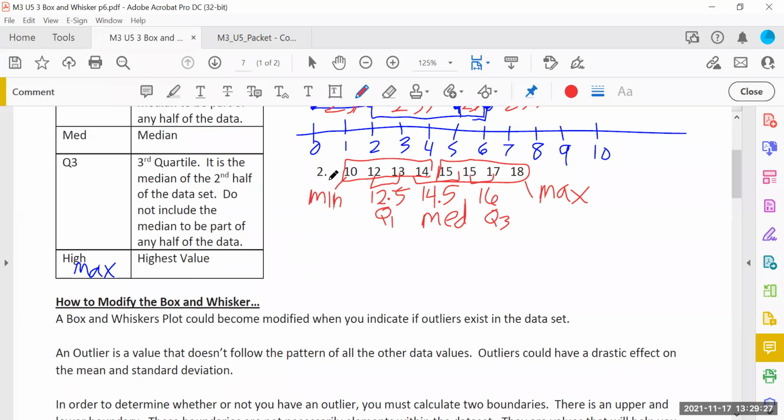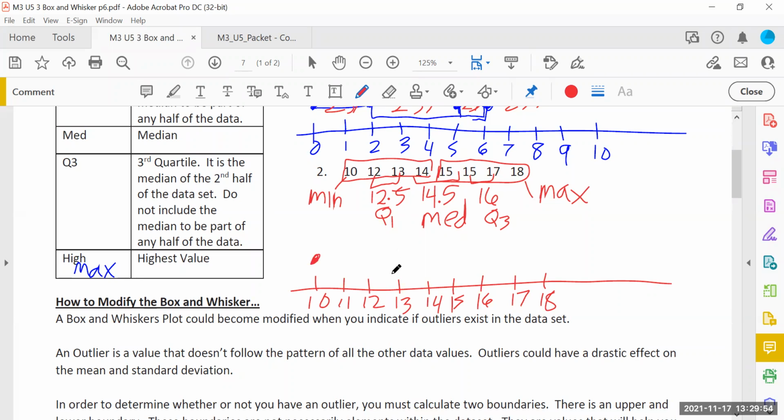So it looks like I'm going from 10 up to 18. So here's 10, 11, 12, 13, 14, 15, 16, 17, and 18. Minimum was 10. Q1 was 12.5.